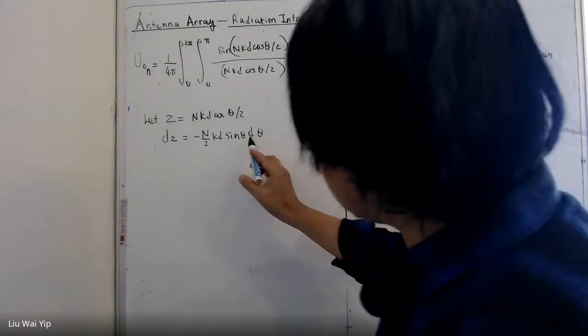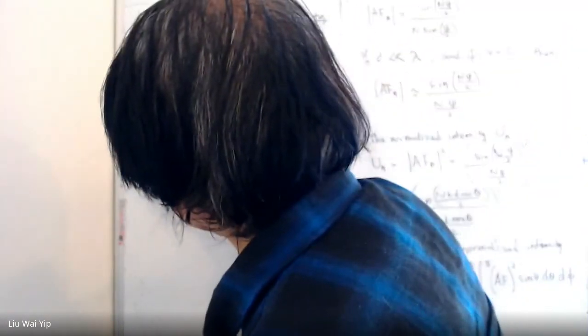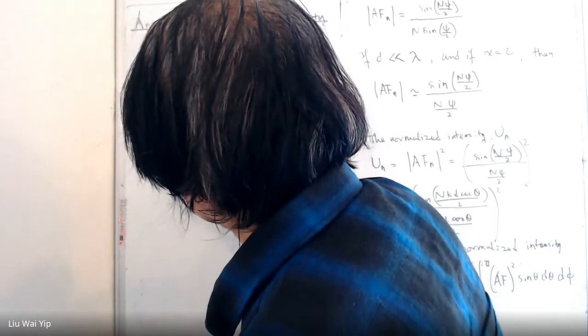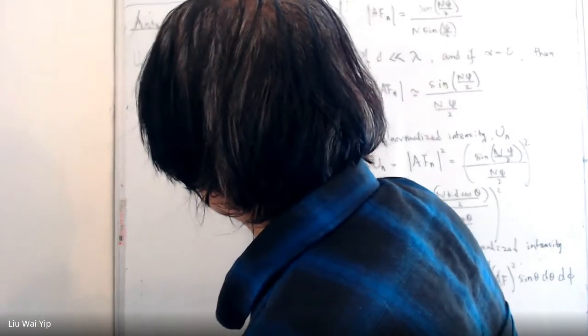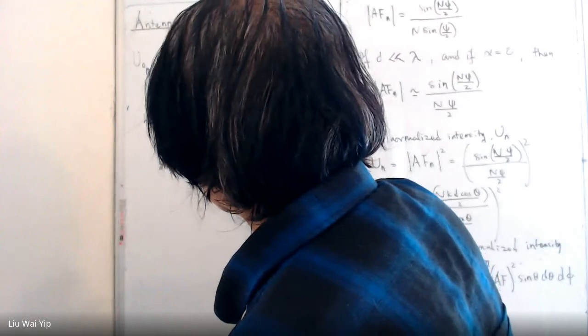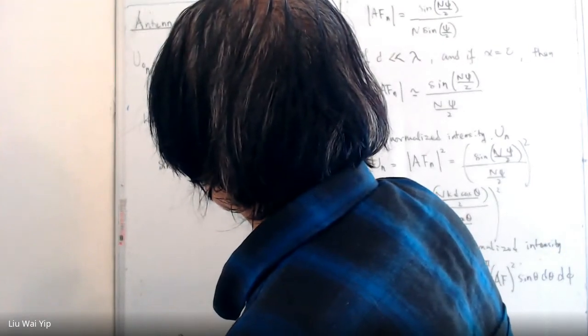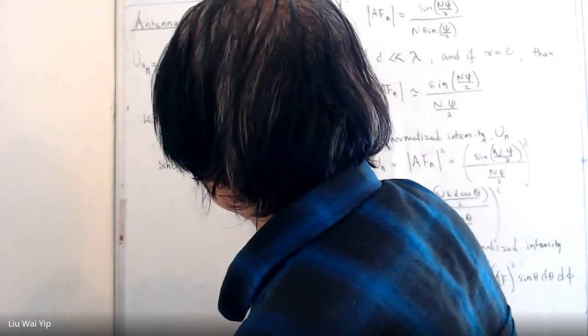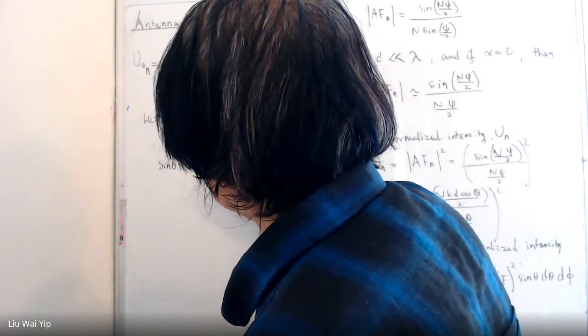And based on this information, we know that sine theta d theta is going to be minus 2 dz divided by n k d.